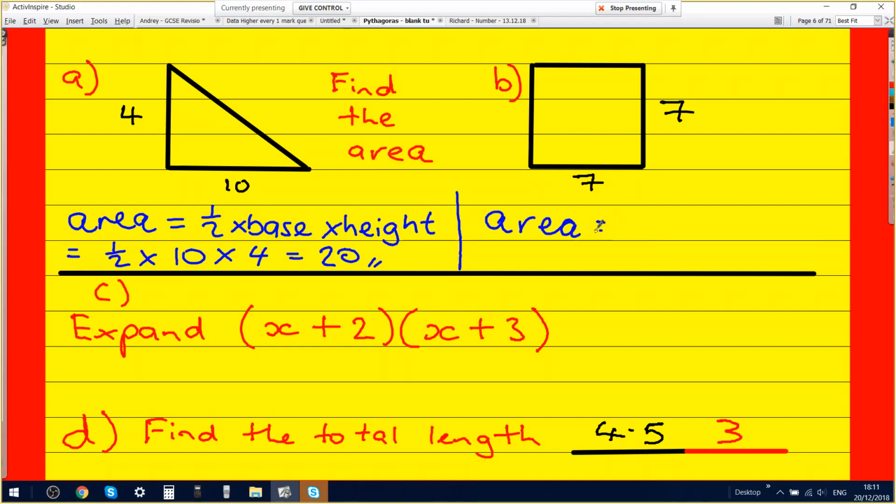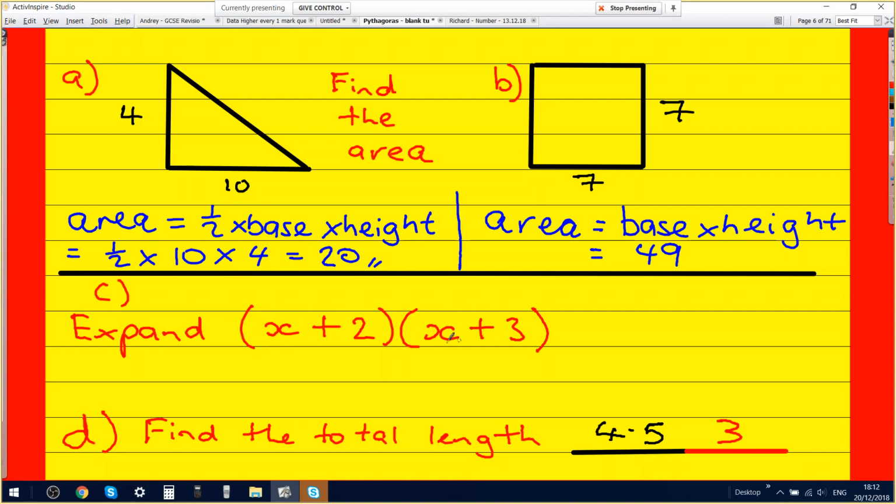Half times base times height. So that's for a triangle. The square is like double a triangle, there's 2 of them. So you don't have to half it, it's just base times height. 7 times 7, that's 49. Well done.